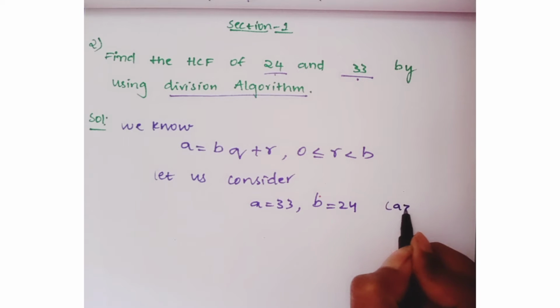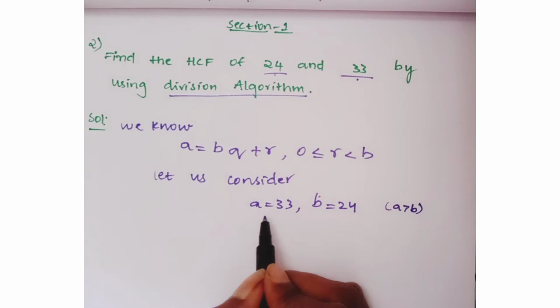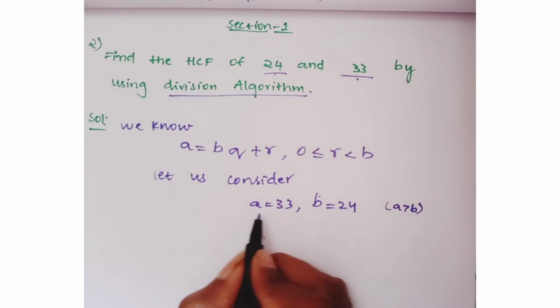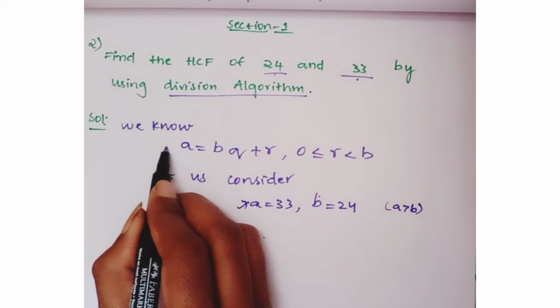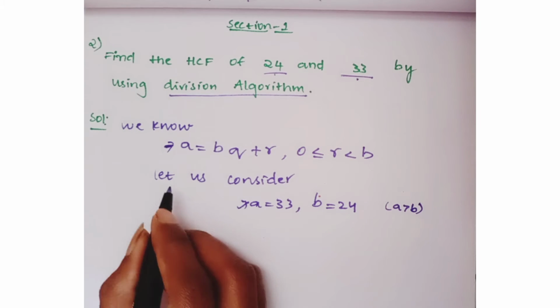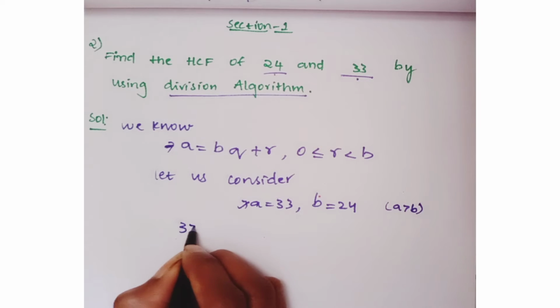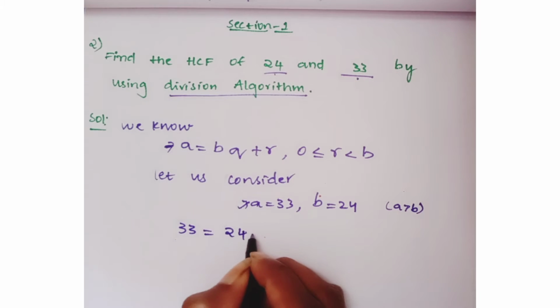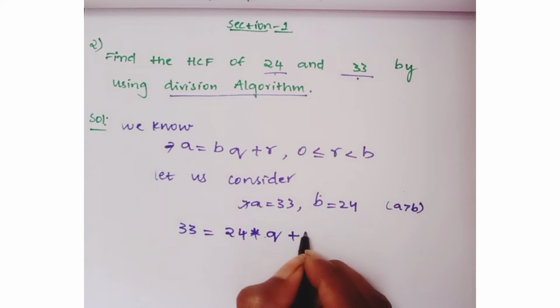Always remember a should be greater than b. So apply these a and b values to this algorithm. When I substitute, I get 33 equal to 24 into q plus r.